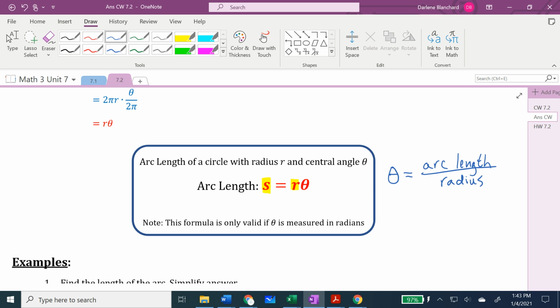Then arc length is going to be a certain number of meters, and your radius is also a certain number of meters. If you're looking at a ratio of two identical units, those units are going to cancel out. That's why technically an angle doesn't have a unit of measure. We say radians more as a placeholder, because another way we could say it is how many rotations were made.